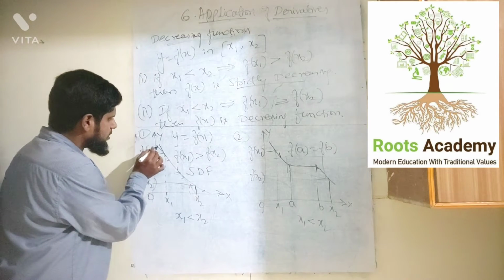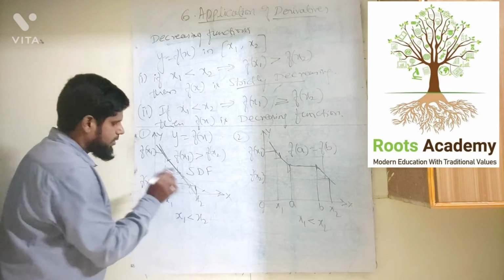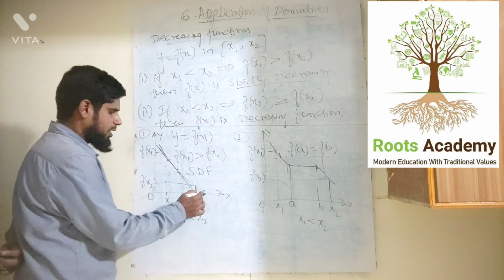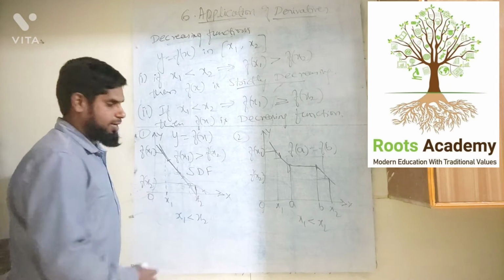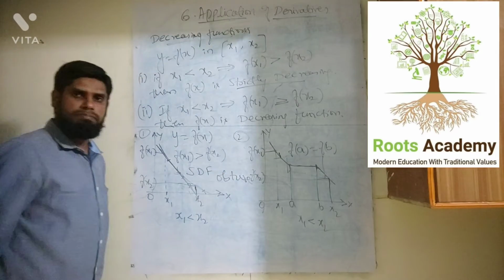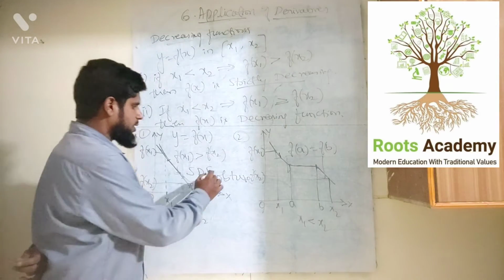I draw the tangent for this particular point. So here, whatever angle I am getting is an obtuse angle.